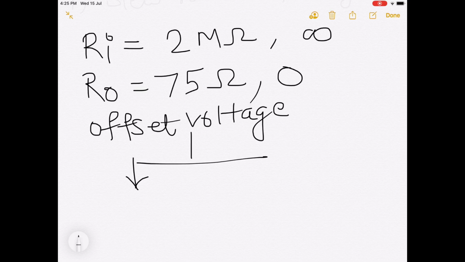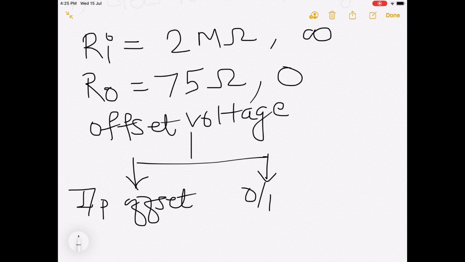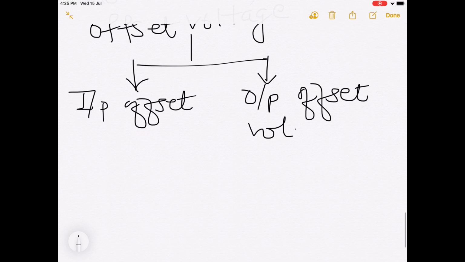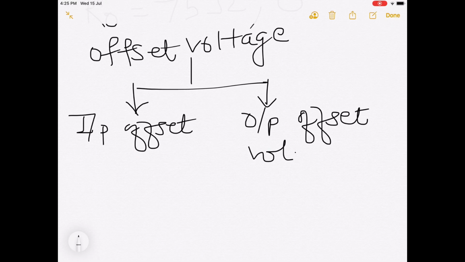First is input offset voltage and second is output offset voltage of op-amp. So, input offset voltage means what? It is the voltage that must be applied between the input terminals of op-amp to nullify the output.